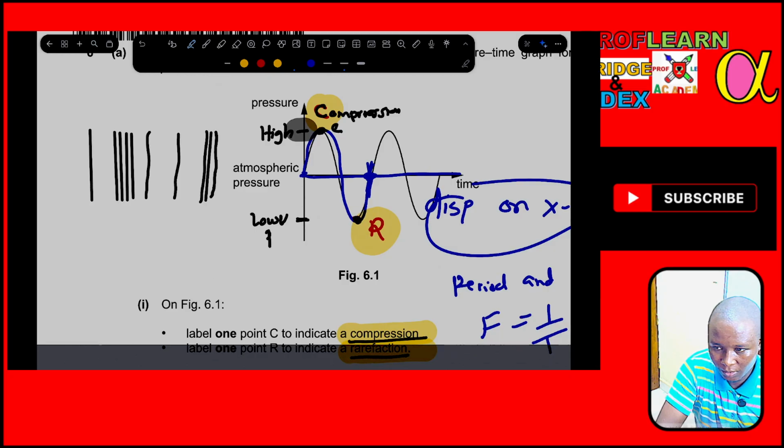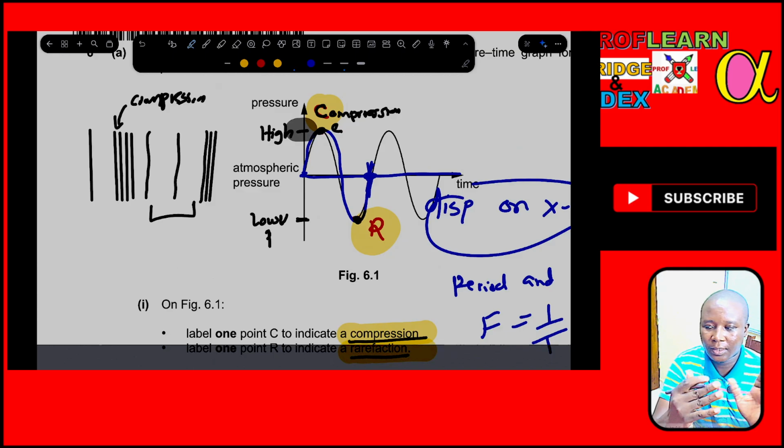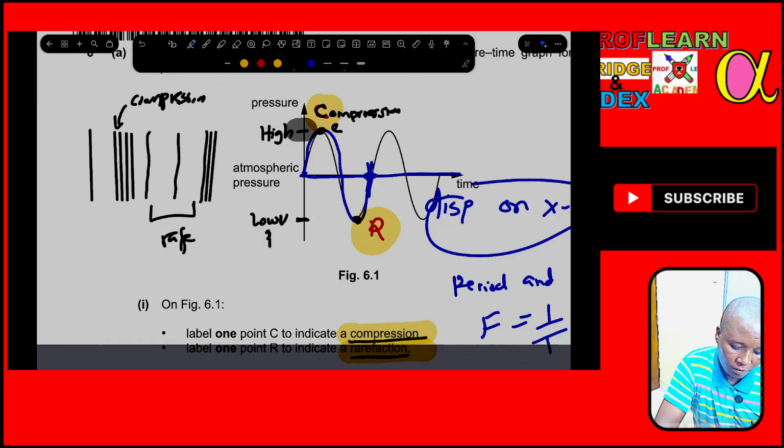Compression. So this region here is compression, and this region where the lines are relaxed is called the area of rarefaction.